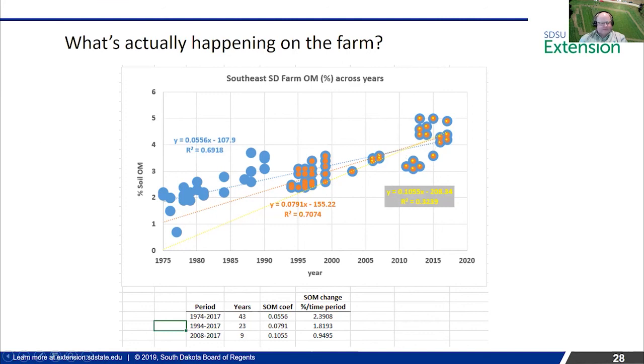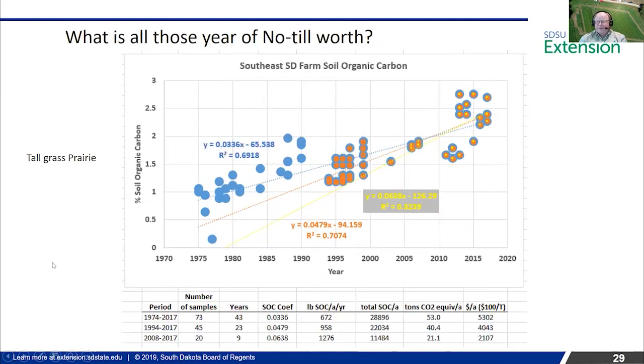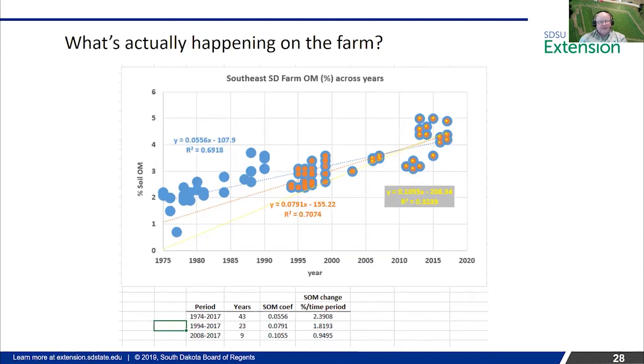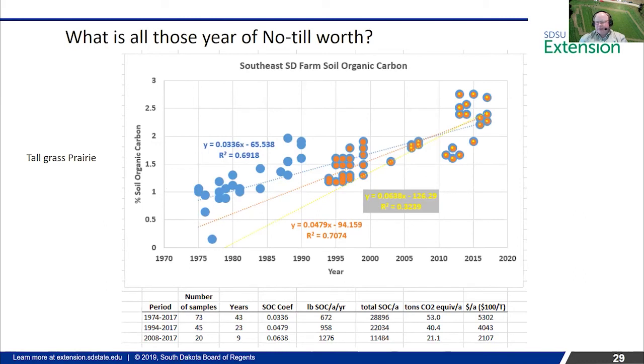If we look at the carbon, what is that worth in that no-till? I converted those organic matter numbers in this slide using that equation that I showed you to carbon in this slide. And so I converted those soil organic carbon numbers to CO2 equivalents, how many tons.